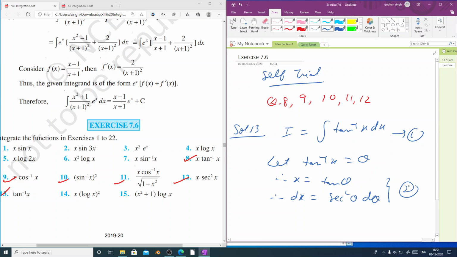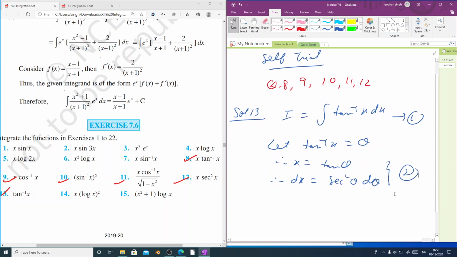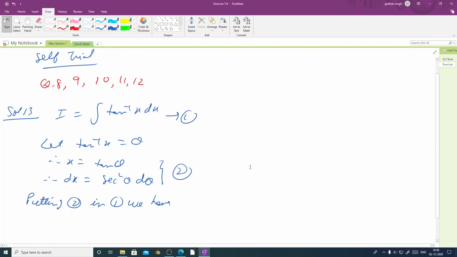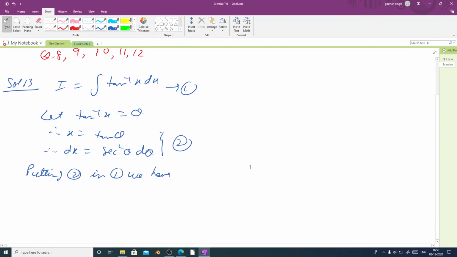So putting 2 in 1, we have I equal to, in place of tan inverse x we'll be writing theta, and in place of dx we'll be writing sec square theta d theta.